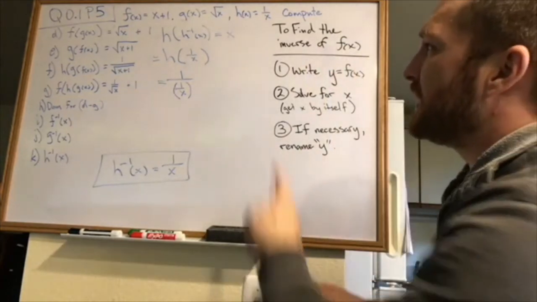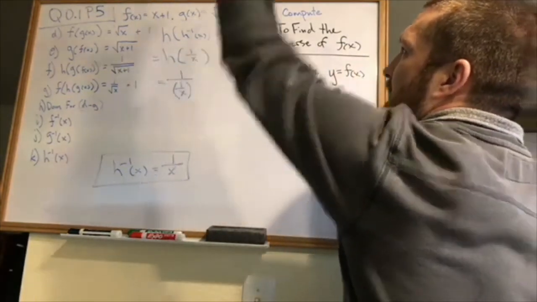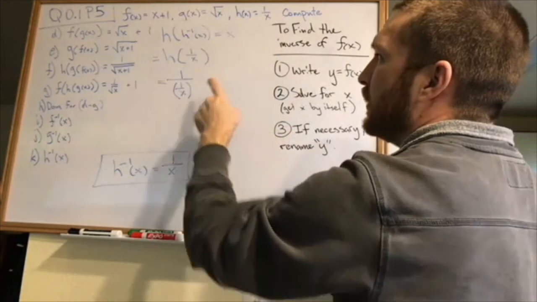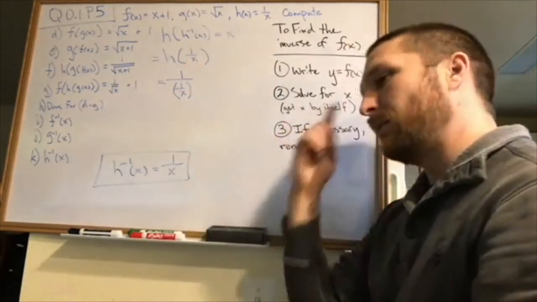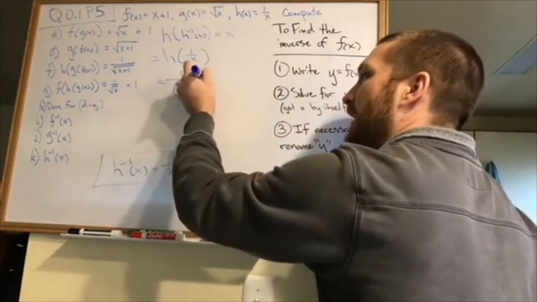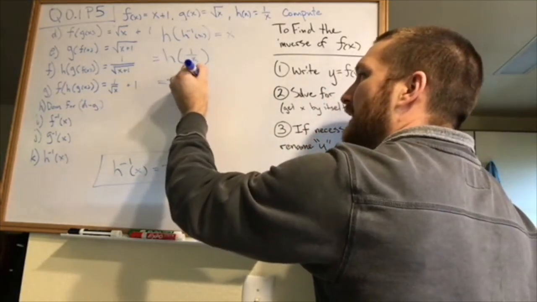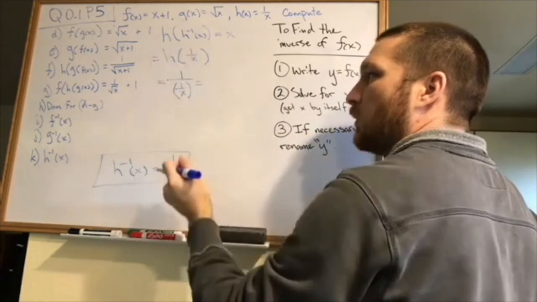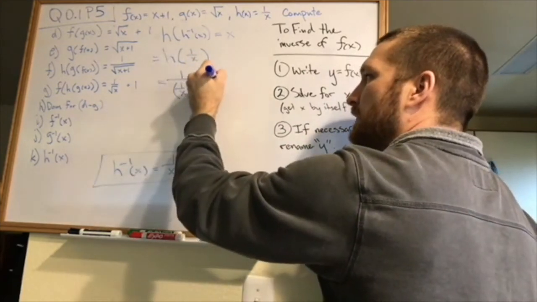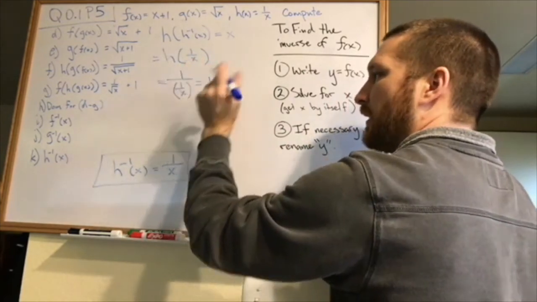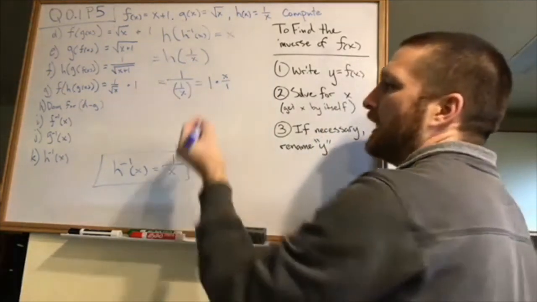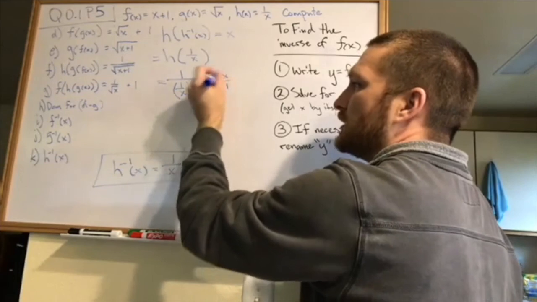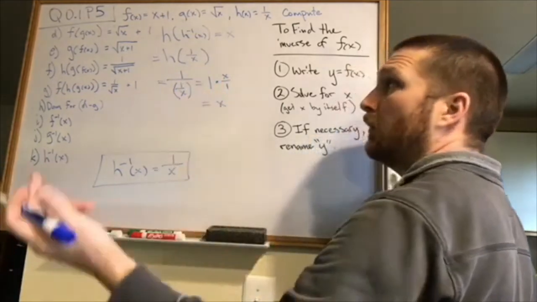H of x says to take 1 over the thing, and so this says to take 1 over that, 1 over that. Now I remember the rule for dividing by fractions. It's the same as take whatever's in the numerator, which happens to be a 1, and multiply by the reciprocal of that thing, which is x over 1. 1 times x over 1 is just x. And we're back where we started.